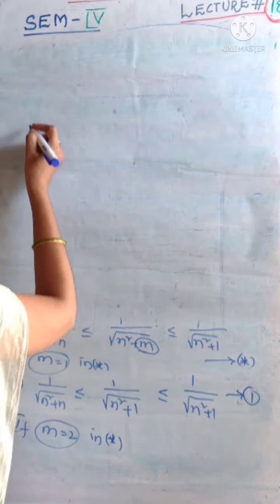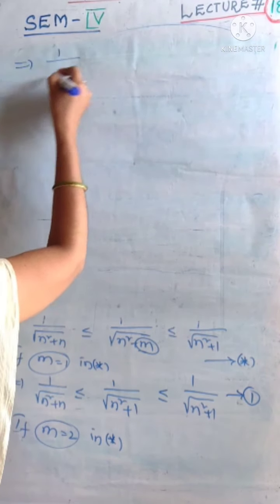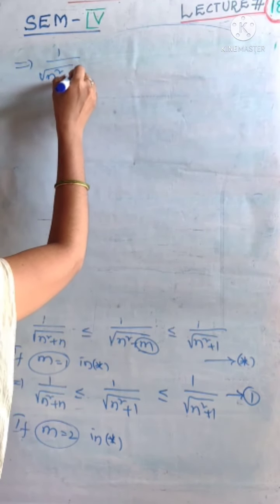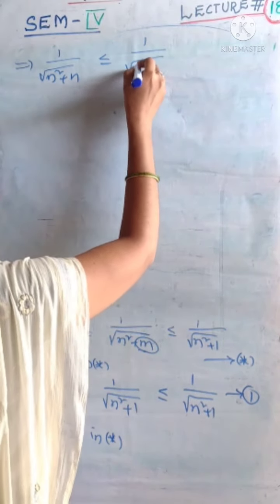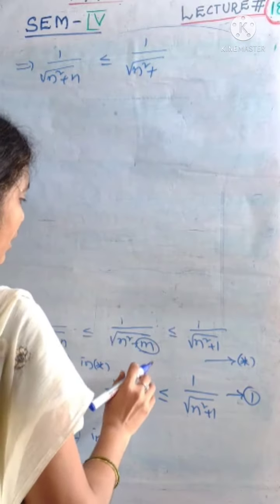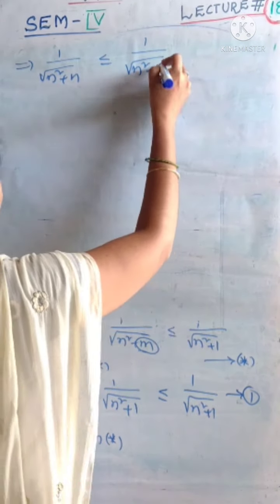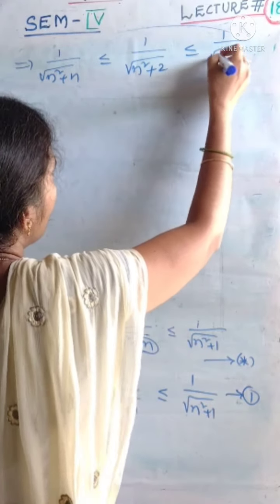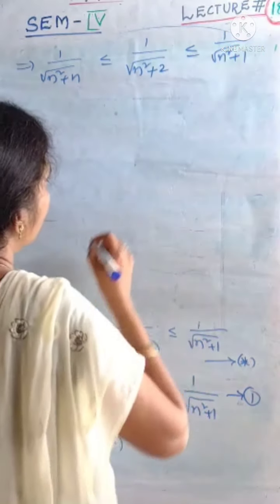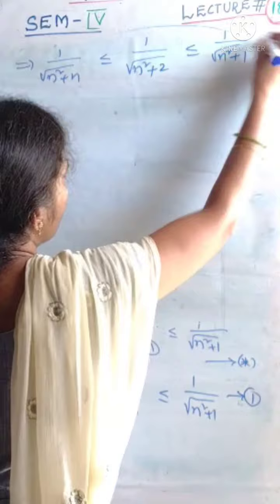What is the other inequality? 1 by square root of n square plus n is less than or equal to 1 by square root of n square plus, what is the value of m, 2, which is less than or equal to 1 by square root of n square plus 1. Let it be the second equation.